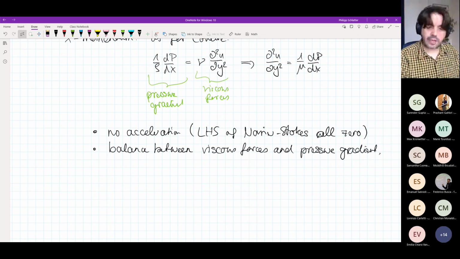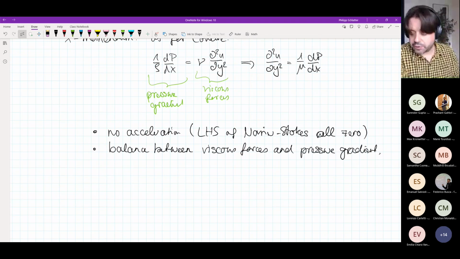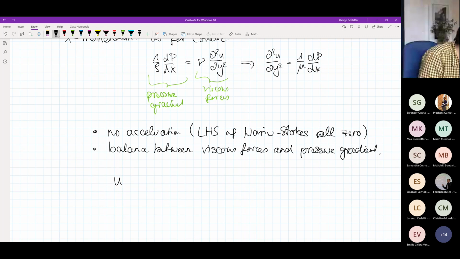Okay, but now we can integrate this equation twice in the vertical direction in y. It's quite easy to do because we know that dp dx is not a function of y, so it's not a partial derivative anymore. So that means we integrate and we get u to be 1 over 2 mu times dp dx, times y squared.